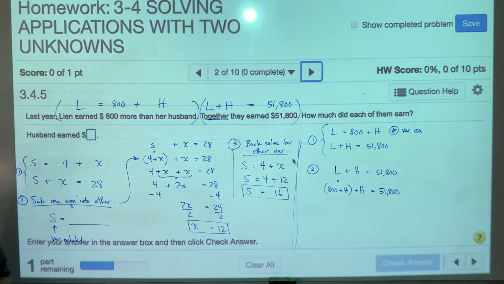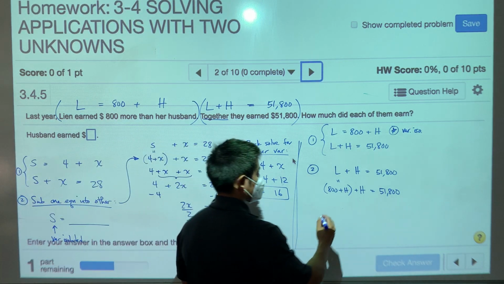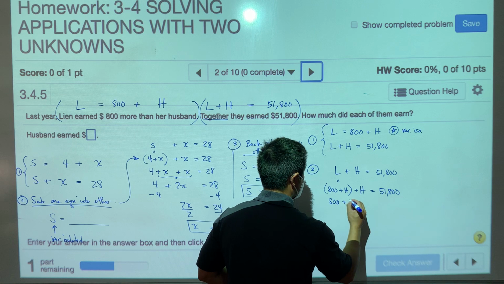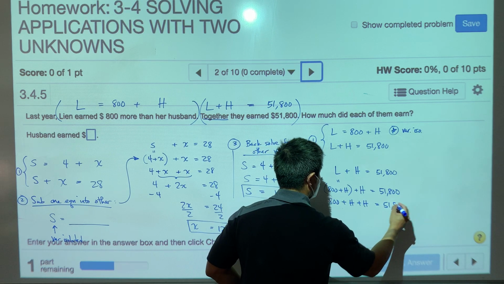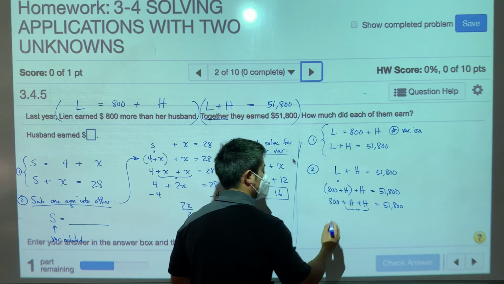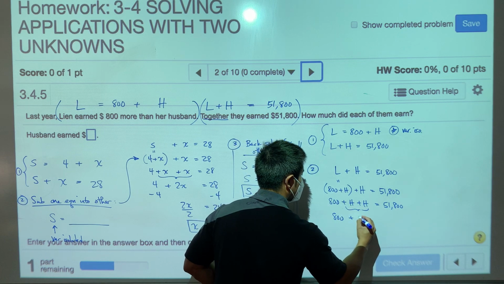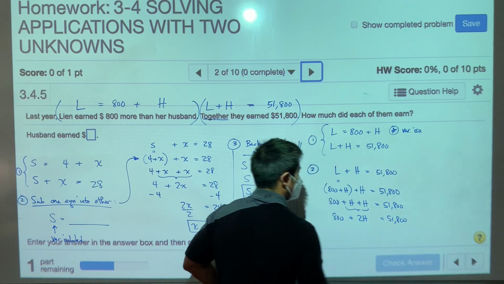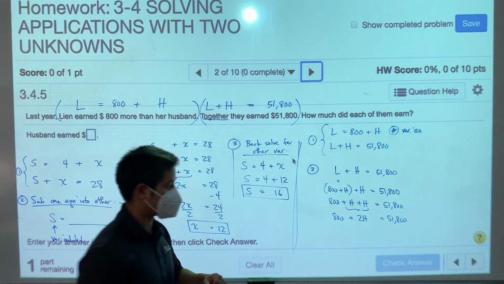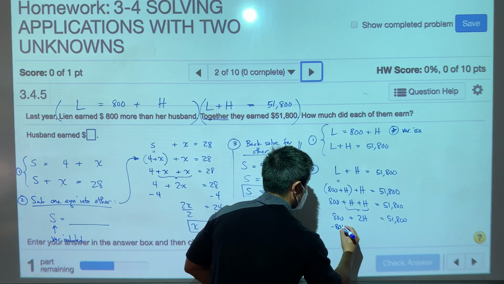Very similar problems. Okay, let's go ahead and open things up. This should not be so bad. 800 plus H plus another H equals 51,800. Combine like terms like we're used to. So 800 plus 2H equals 51,800. Now I need to subtract 800 from both sides.